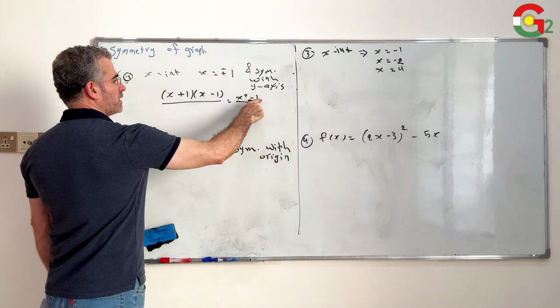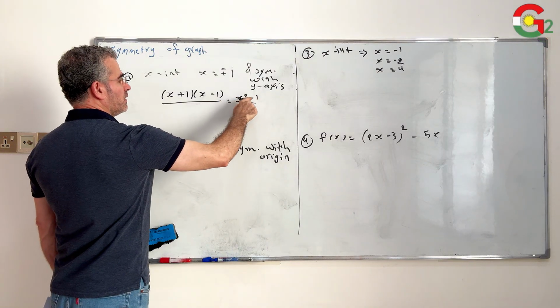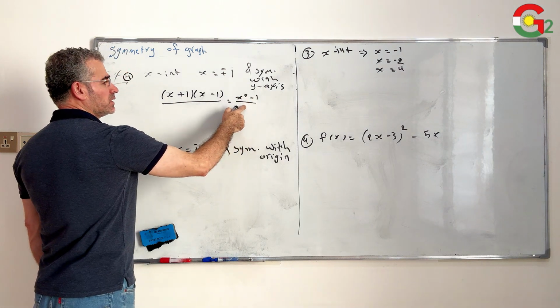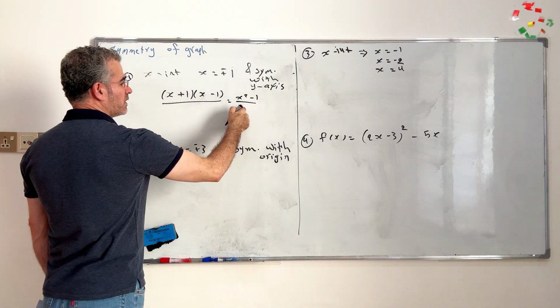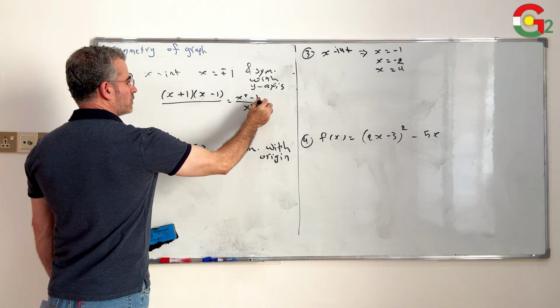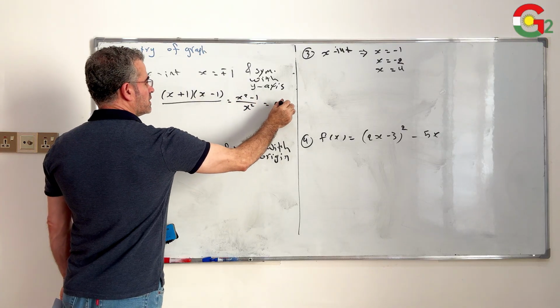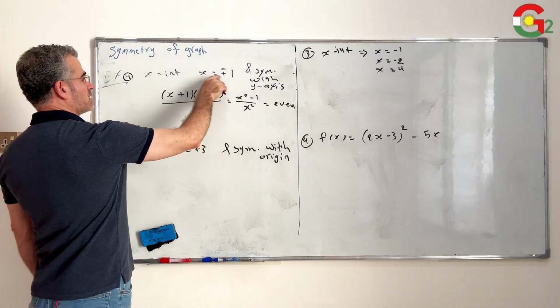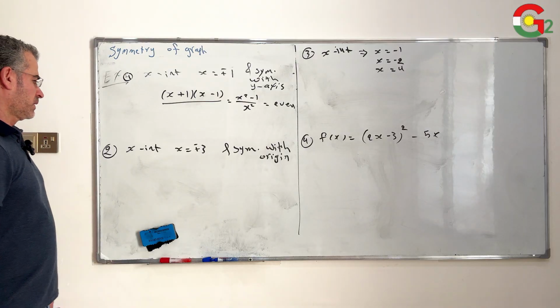Since x power 2 minus 1 is even minus even, it's even, then I need an even function in the denominator. Any even function, you can write x power 2. This is an even function, and the function has two x-intercepts, x equal to negative 1 and x equal to positive 1.